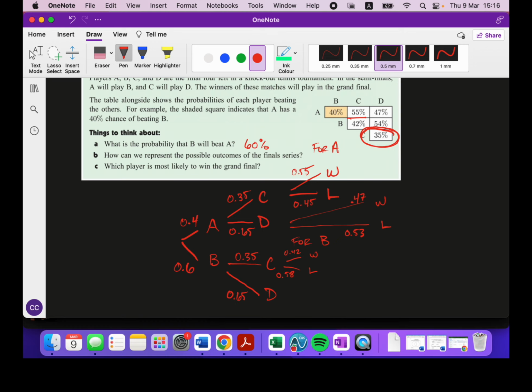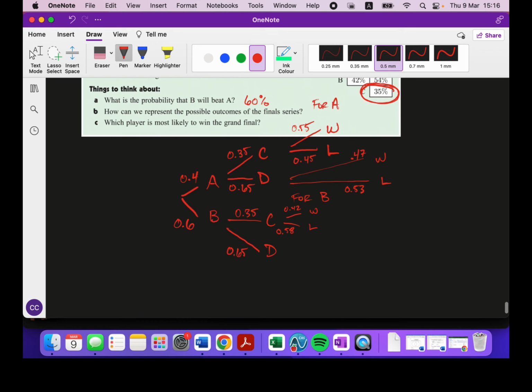And if they play D, it's 54% for a win, and 0.46 for a loss. Okay. That is a nightmare and it's a mess. Sorry.